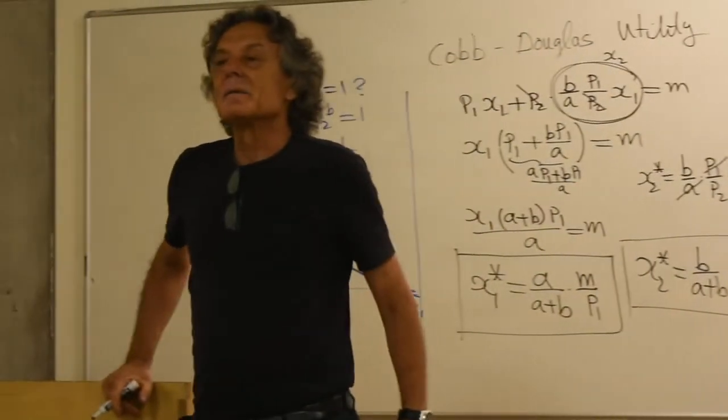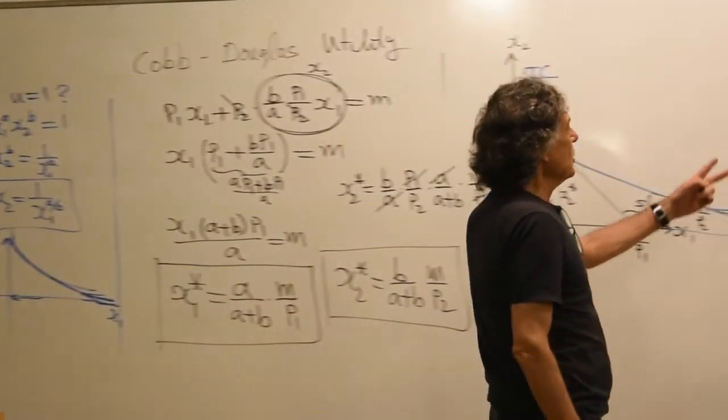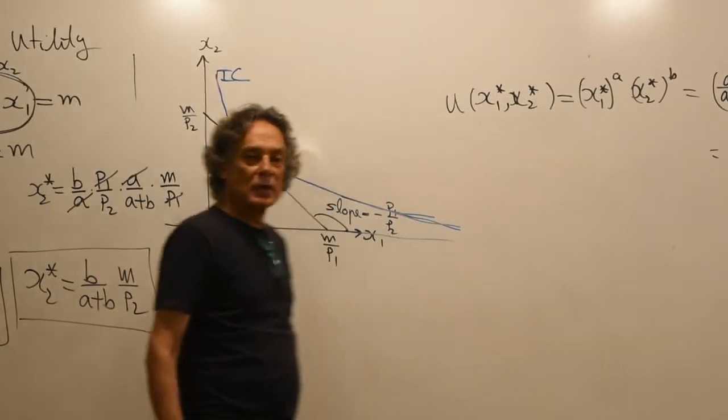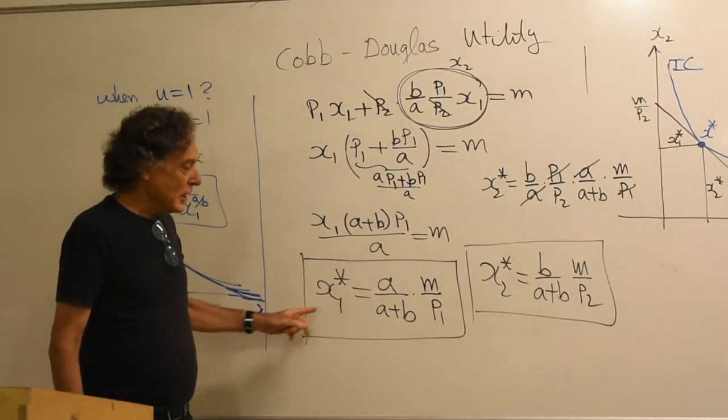I don't care how many utils I'm getting out of it. What I care is, what should I buy? What are x1 and x2 that I should buy? So these are the formulas for them.